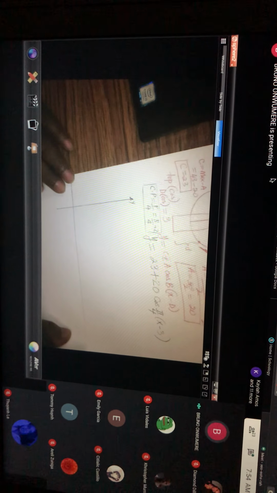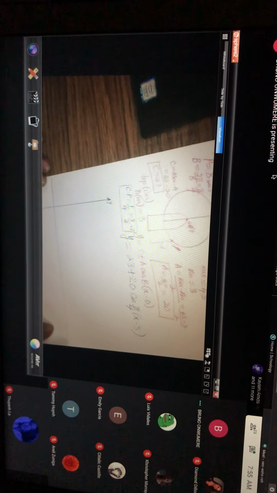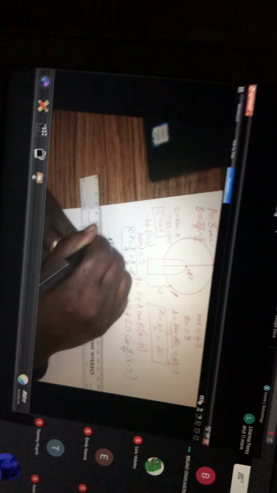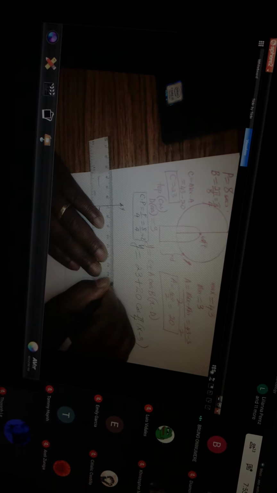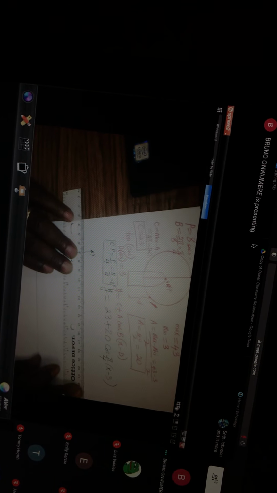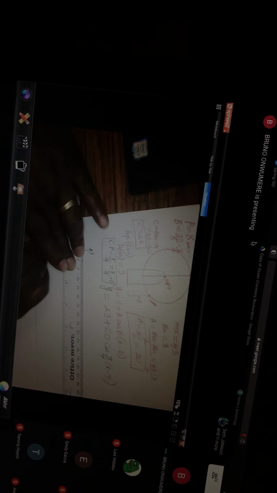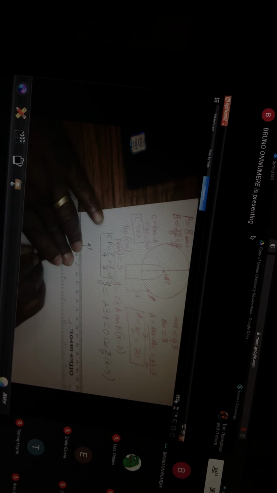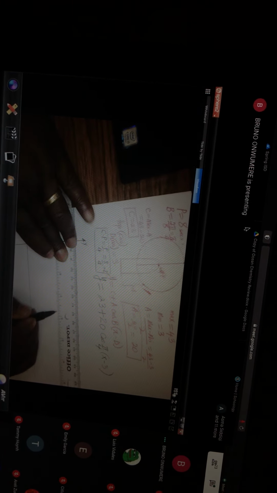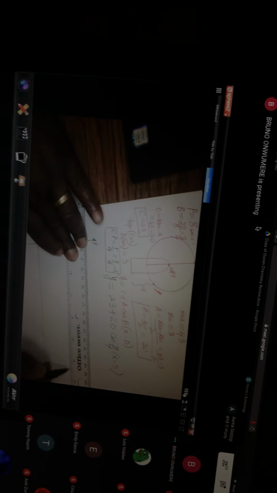Now, from this information we have, what is the maximum? The maximum is 43. Let's indicate where that maximum line is going to be. According to what I taught you, you write it. Then after the maximum, the next line is the C line.